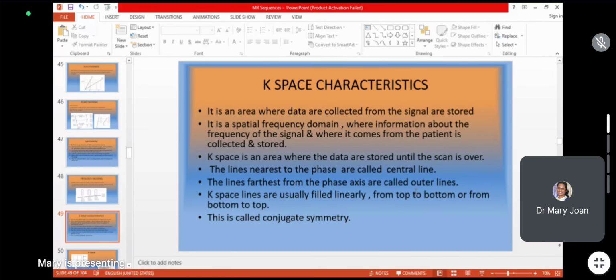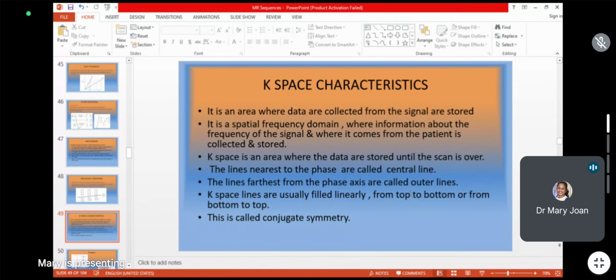And the K-space characteristics. K-space is an area where data from the signal are collected and stored. It is a spatial frequency domain where information about the frequency of the signal coming from the patient is collected and stored. K-space is an area where the data are stored until the scan is over.